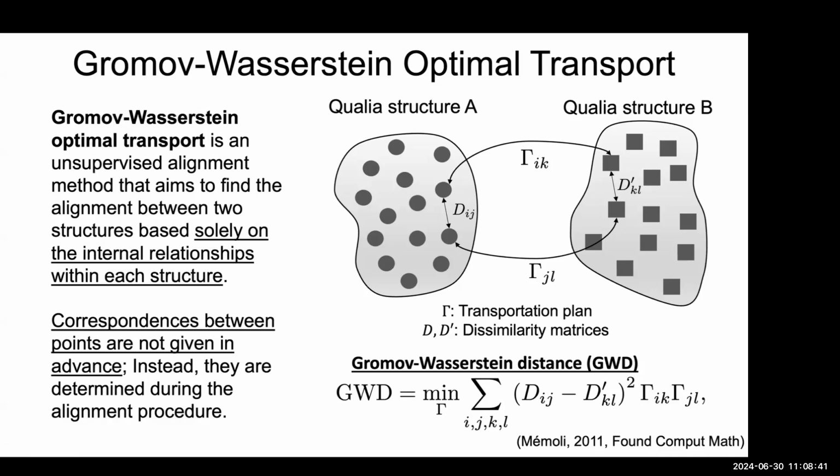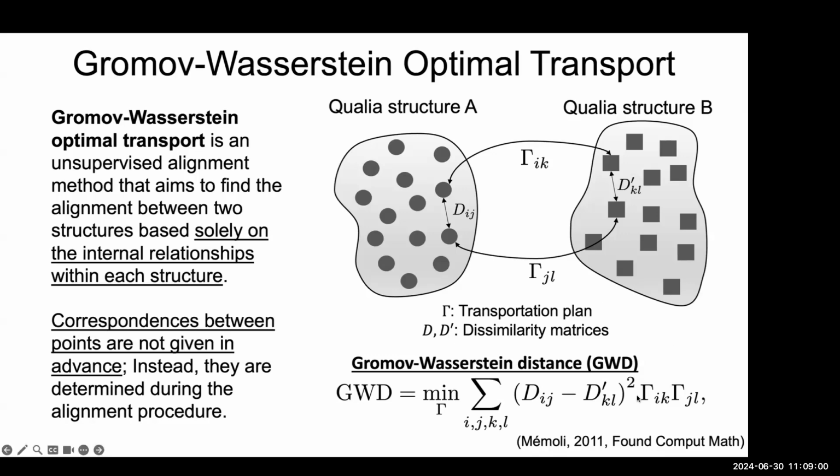Then, again, an important thing is that the correspondences between points, and by the way, points represent colors in our case, are not given in advance. Instead, they are determined during this alignment procedure.